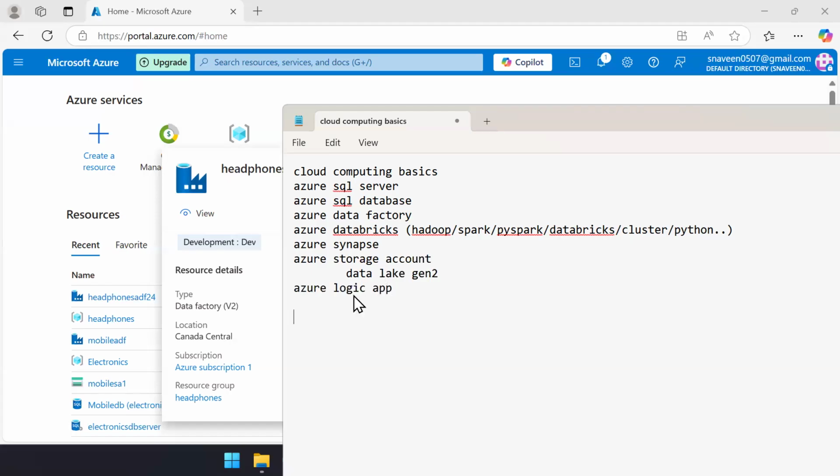And then there are some other small services like Azure Resource Group, Azure Tags, and GitHub, where we'll see how we can integrate it. Azure Data Studio and Azure Storage Explorer, right?